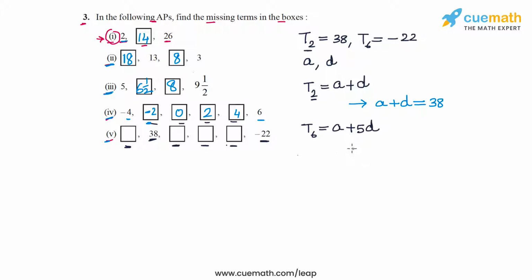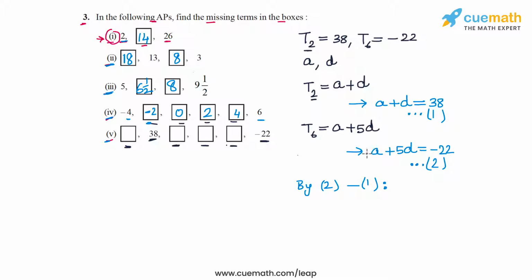And from here I can get this equation a plus 5d is equal to t6, which is minus 22. Now I have this first equation, let's call this 1, and the second equation, let's call this 2. So what I'm going to do is subtract the first equation from the second equation. So I'm going to do 2 minus 1. What will this give me?